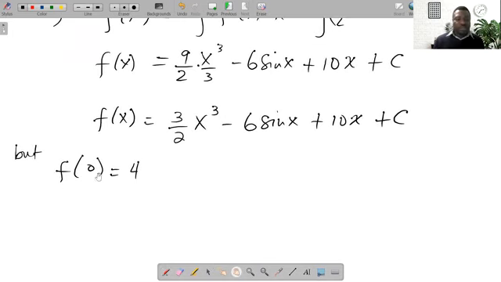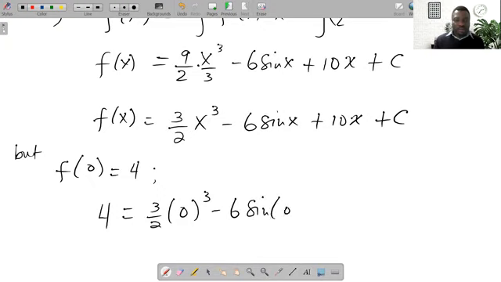In other words, if I plug in 0 here for x, then f of 0 becomes 4. So basically this means that 4 will be equal to 3 over 2 times 0 cubed minus 6 sine 0 plus 10 times 0 plus c.